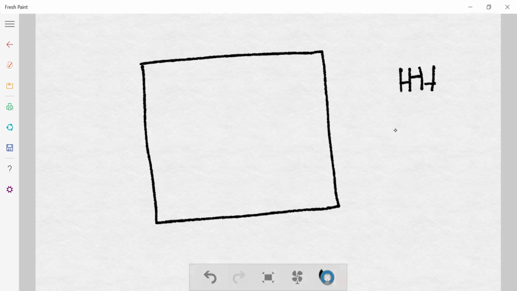So if there are 15 bars, then there will be 14 spacings.